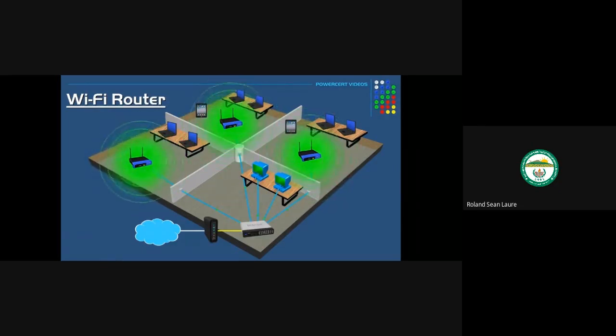But the problem with using Wi-Fi routers instead of wireless APs is manageability. If the network administrator wanted to manage this network and make certain changes, he would have to log into each Wi-Fi router to make that change. And that could be a hassle and time-consuming, especially if there were a lot of Wi-Fi routers.